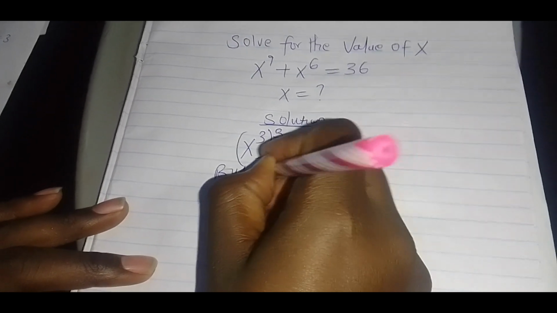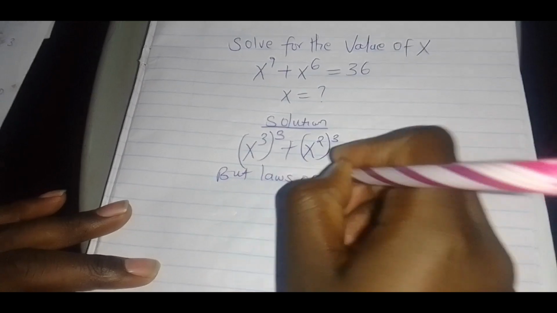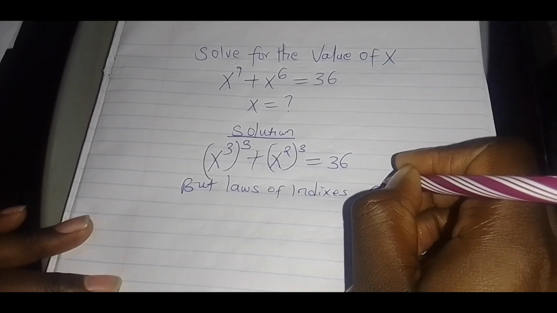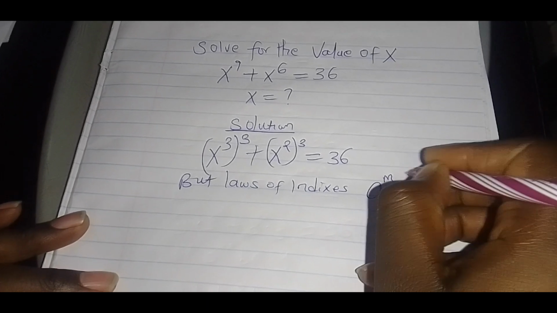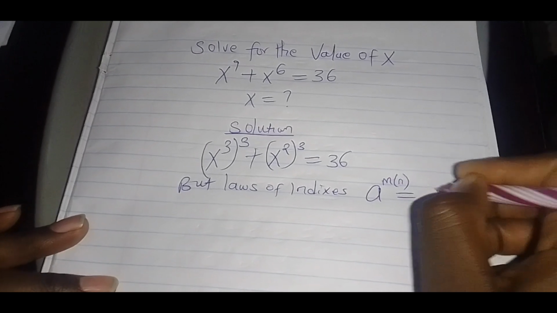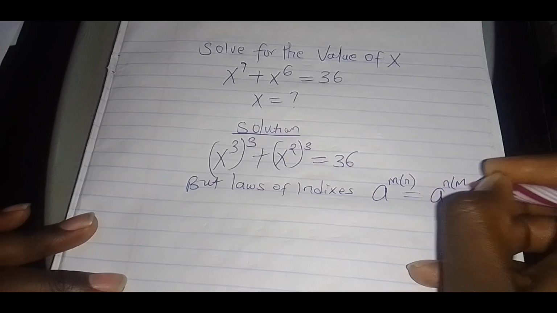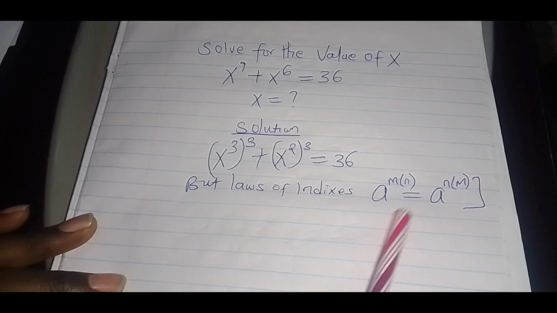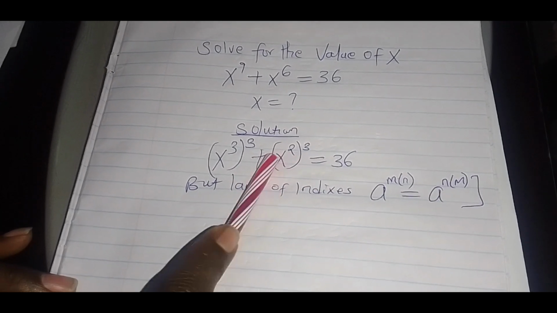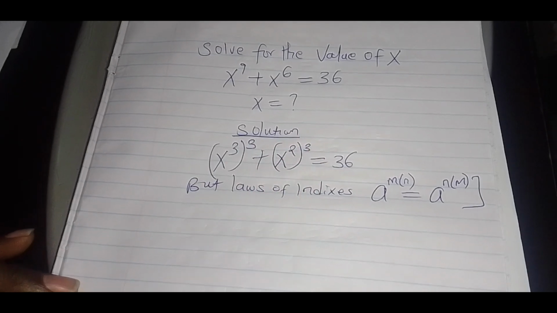But according to the rules of indices, a raised to power m multiplied by n is the same as a raised to power n multiplied by m. So we apply this rule of indices to x raised to power 2 multiplied by 3.